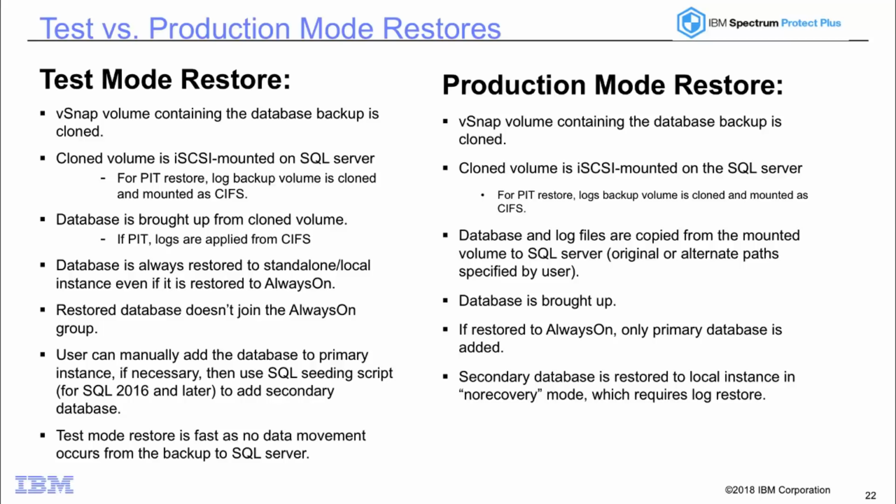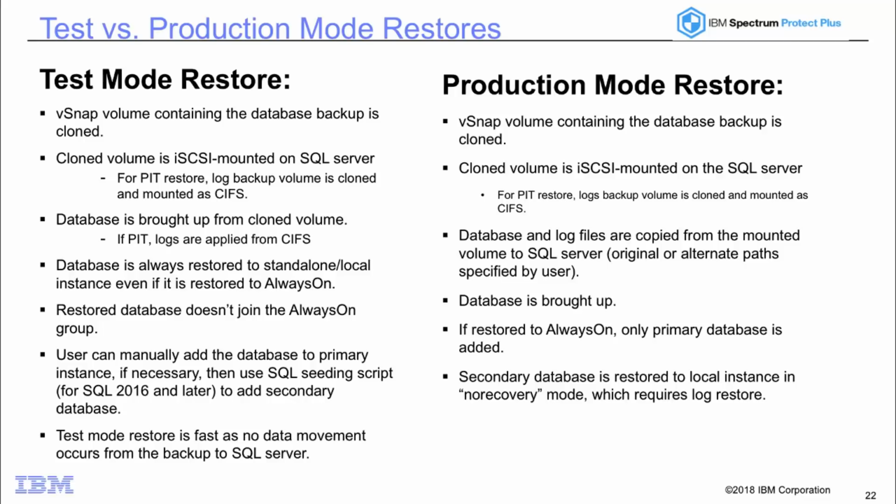So now the difference between test and production mode restores, and again, this very much mimics what goes on with virtual machines. For a test mode restore, the vSnap volume containing the database backup is cloned, and the clone volume is iSCSI mounted on the SQL Server.